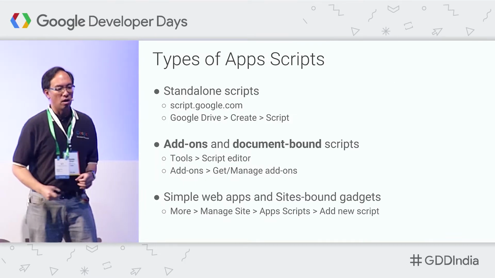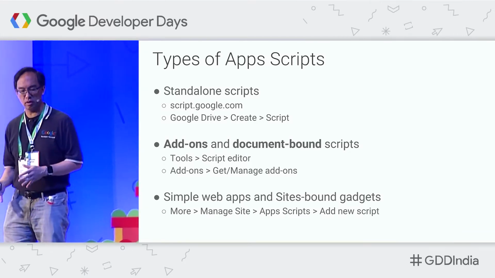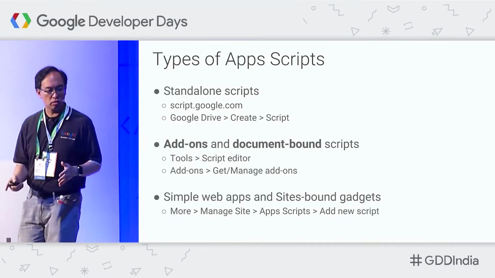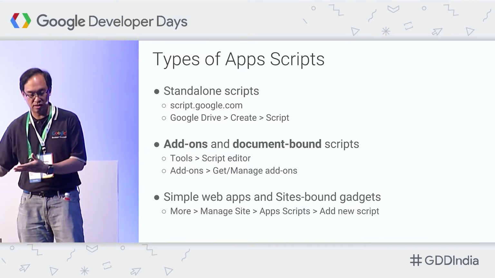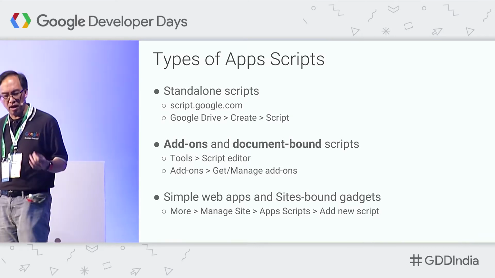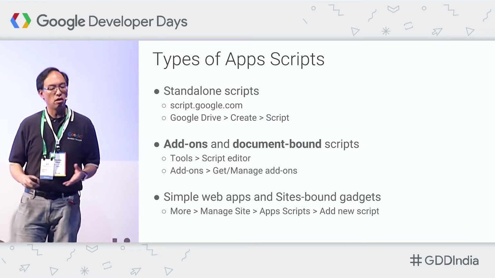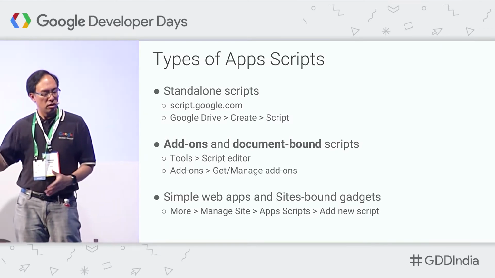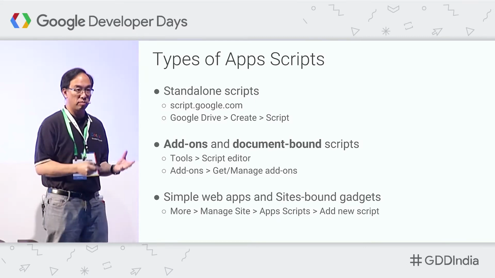All right, now what kinds of AppScripts are there? Well, there's three general types. We have standalone scripts, which are exactly what they sound like. They're just regular code that sits out there and runs and does stuff for you. Then we also have add-ons and document-bound scripts. The way you get access to those is generally, if you're in an editor, you pull down the Tools menu, and then there's a selection called Script Editor.